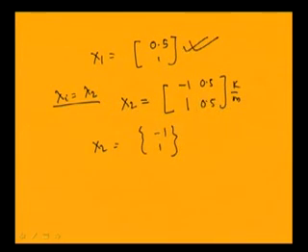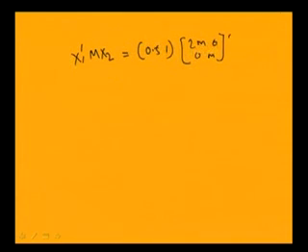After getting these two normal modes, you can now verify that they are orthogonal. You just find x 1 dash m x 2. This will be equal to 0.51 into 2 m 0 0 m and minus 1 1. So, this becomes minus m plus m equal to 0.